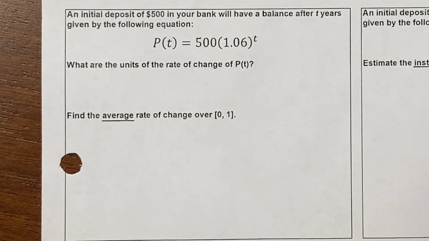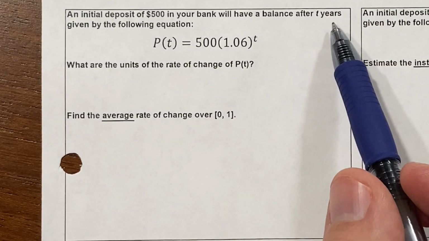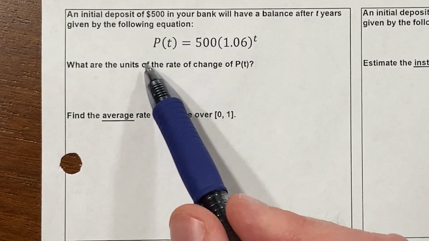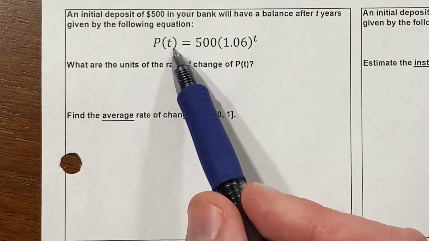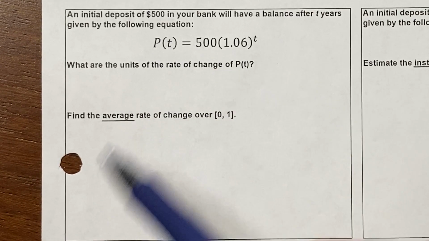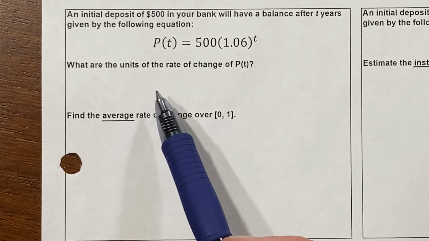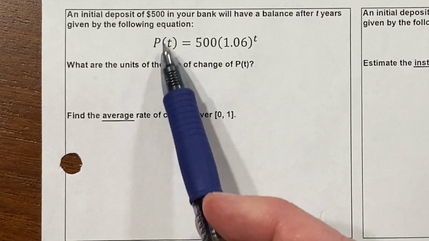An initial deposit of $500 in your bank will have a balance after T years, given the following equation. Okay, so after T years, we'll have this amount. And you've done this before with the interest and all that kind of stuff in Algebra 2, I think, maybe in Algebra 1. What are the units of rate of change of this function?